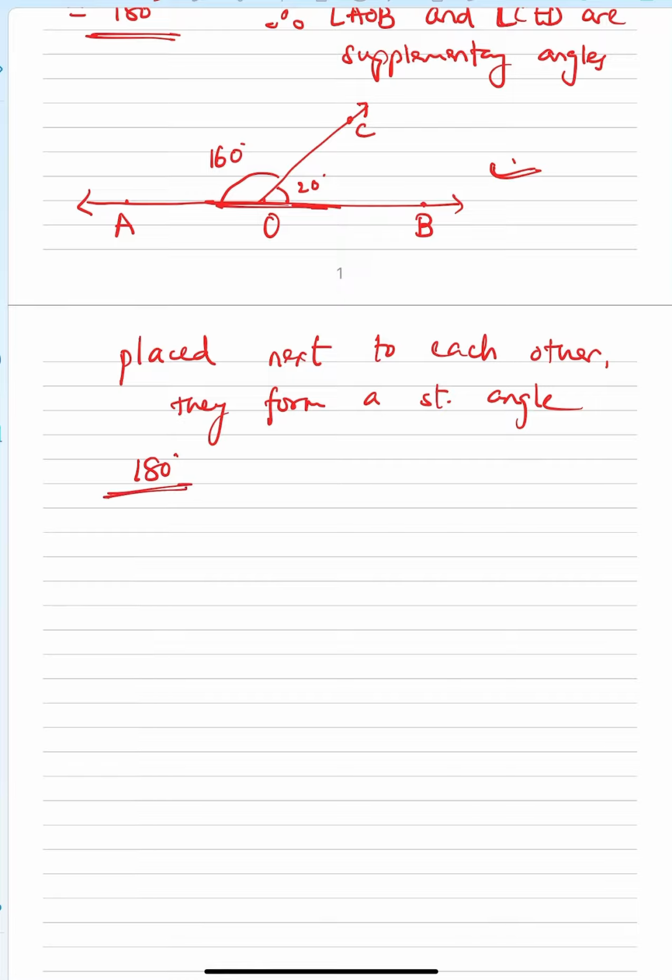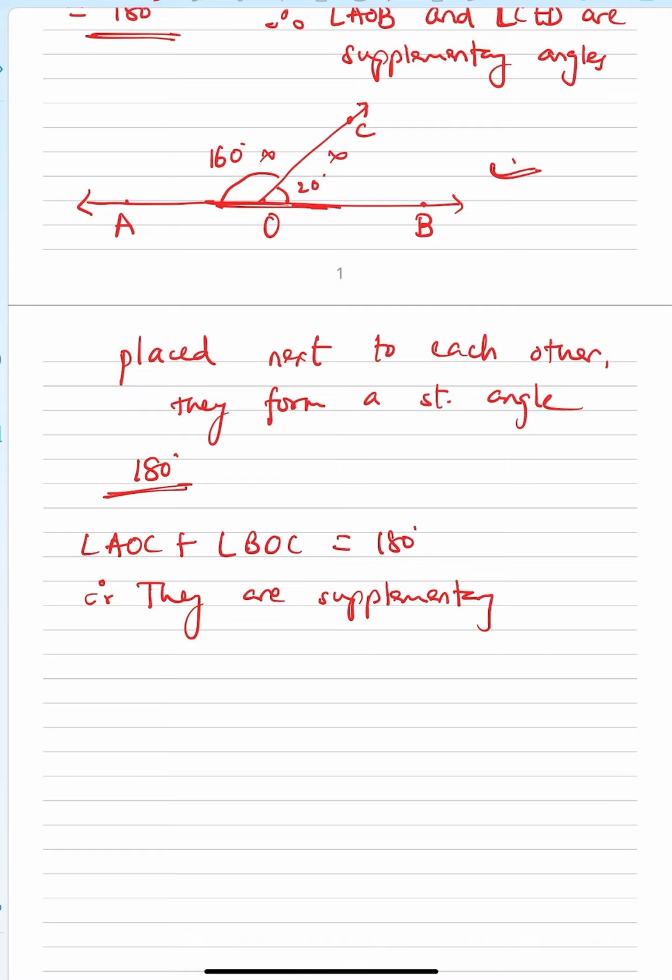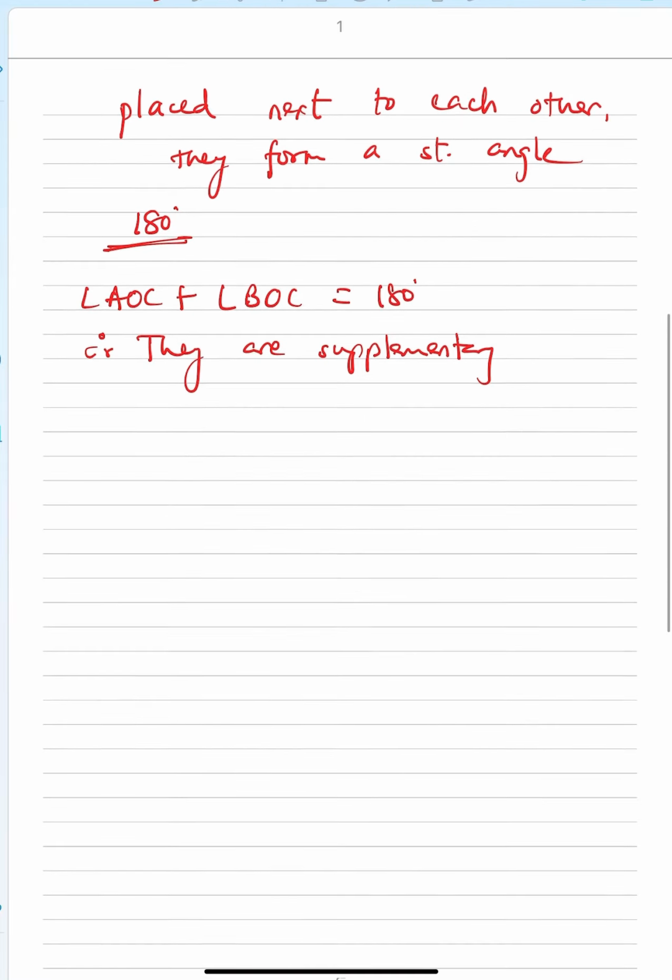So we can also say that angle AOC plus angle BOC is equal to 180 degrees, therefore they are supplementary. But because they are placed next to each other, they form a straight angle also.